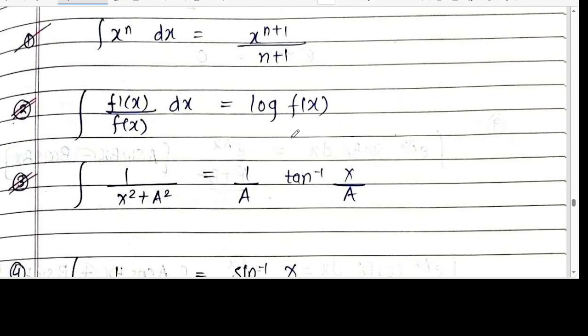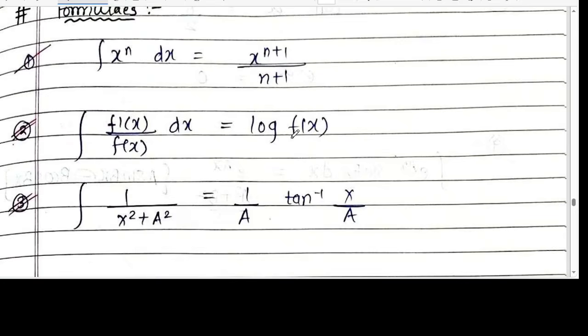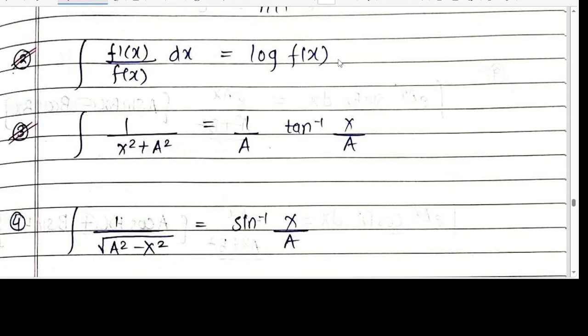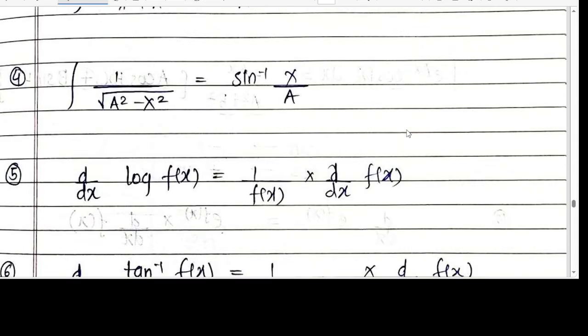And these are the basic formulae. Integration of x raised to n dx is x raised to n plus 1 upon n plus 1. The second formula, which is highly used, f dash of x upon f of x integrates to log of f of x plus c, if it is an indefinite integral. 1 upon x square plus a square gives 1 by a tan inverse x by a plus c. Then 1 upon under root a square minus x square gives sine inverse x by a plus c.